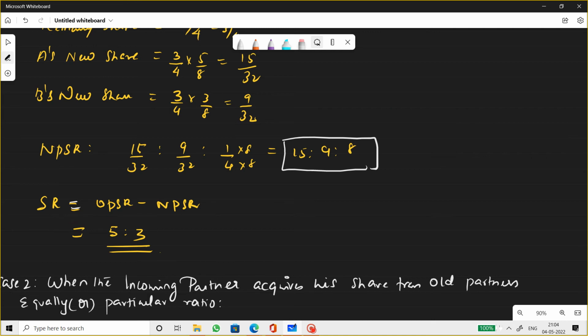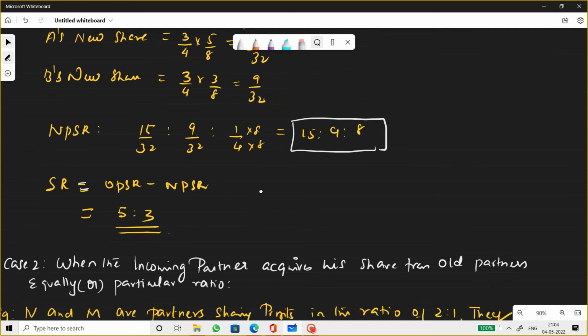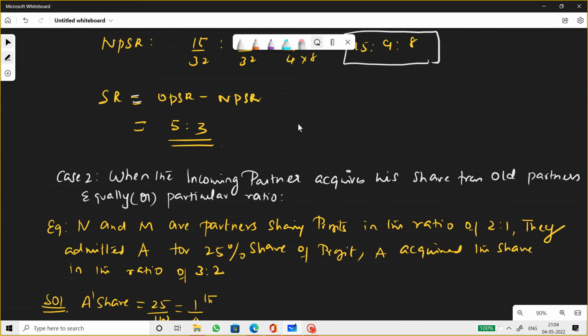If you keep finding SR and OPSR every time without understanding when and where to use which method, you spend a lot of time on it. So sacrificing ratio will be 5:3, whenever the new partner's share and the OPSR of the old partners are given.